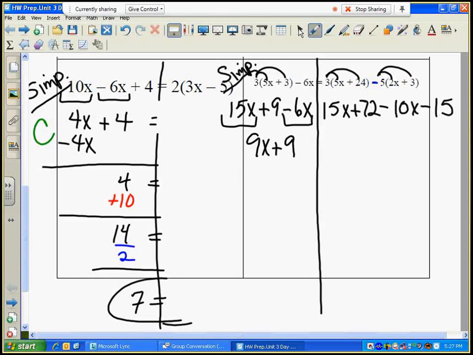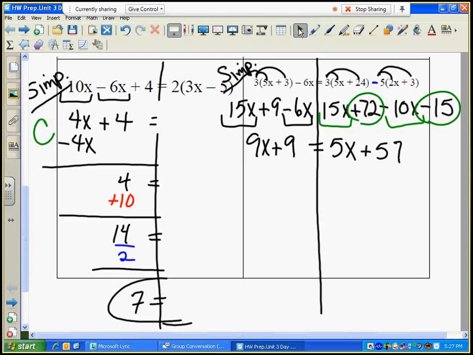I got some like terms here: the 15x and the minus 10x. That gives me 5x. Then I've got the plus 72 minus 15, a little tug of war there. That's going to give me 57, I believe. We've simplified both sides of the equation.